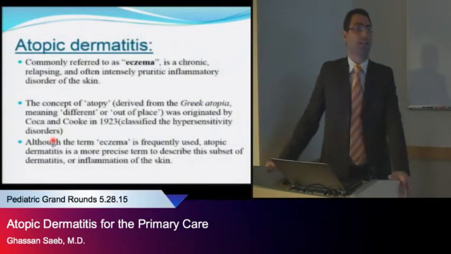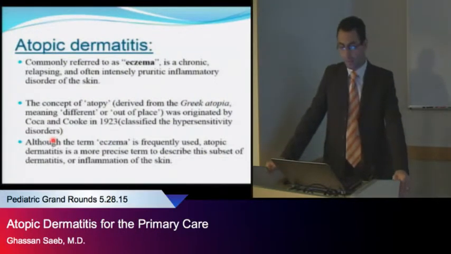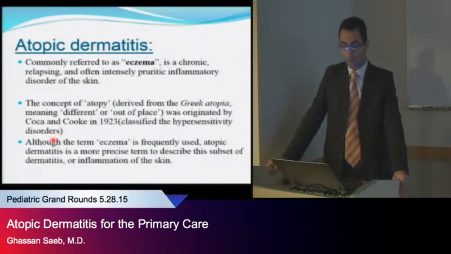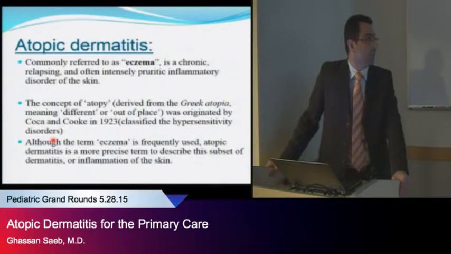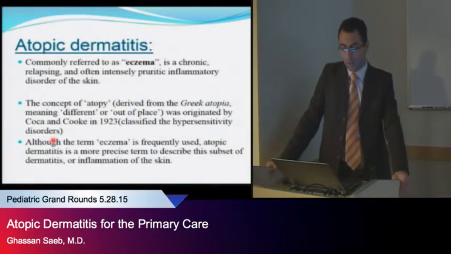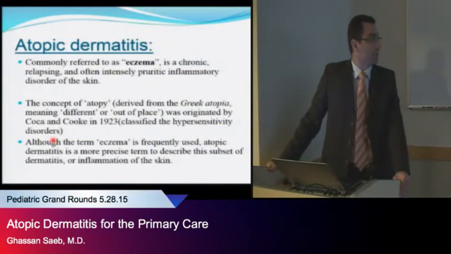So I'm going to talk about eczema, or what the official name is, atopic dermatitis, commonly referred to as eczema. It's a chronic, relapsing, and often intensely pruritic inflammatory disorder of the skin. The concept of atopy was derived from the Greek word meaning different or out of place, and was originated by Coca and Cooke in 1923, the two physicians who classified the hypersensitivity disorders.